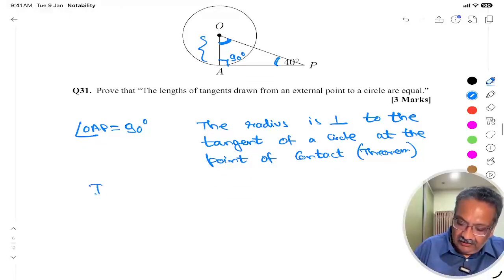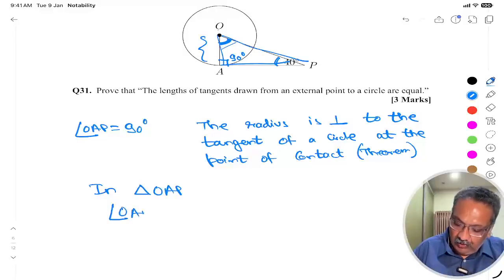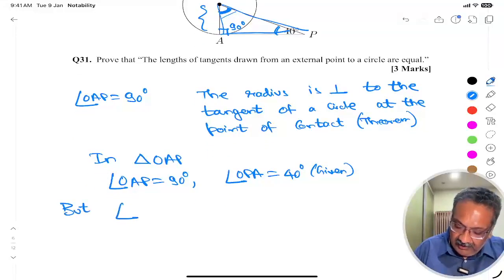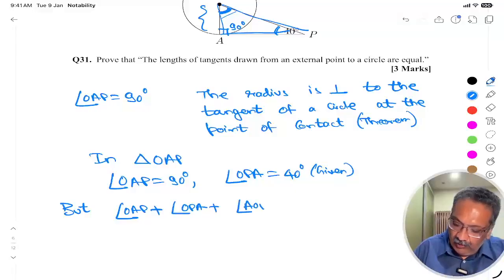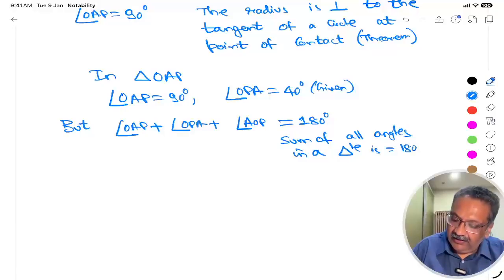Now in triangle OAP, this whole triangle, we have angle OAP is 90 degrees, angle OPA is 40 degrees. This is given. But angle OAP plus angle OPA plus angle AOP is 180 degrees, reason being the sum of all angles in a triangle is equal to 180 degrees.